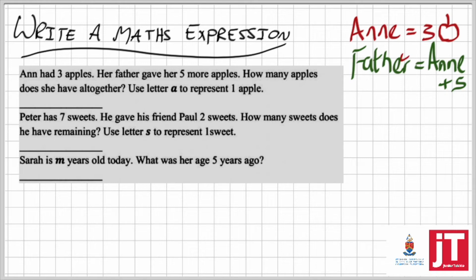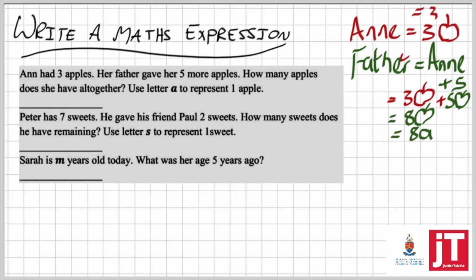So if I drew it as pictures, she had 3 apples, now she gets 5 more apples, which means she's got 8 apples. Think about it logically.